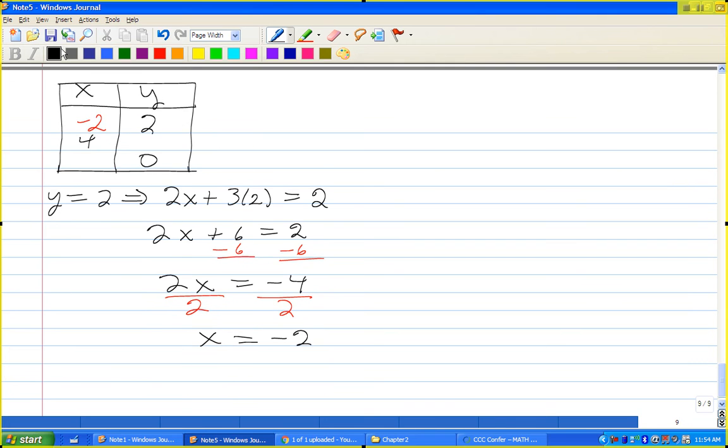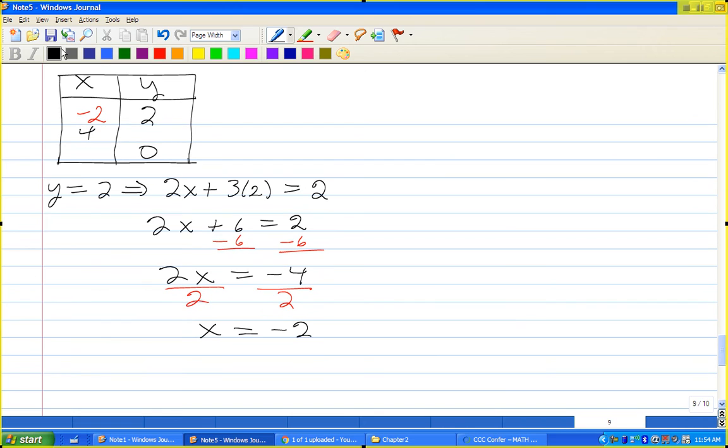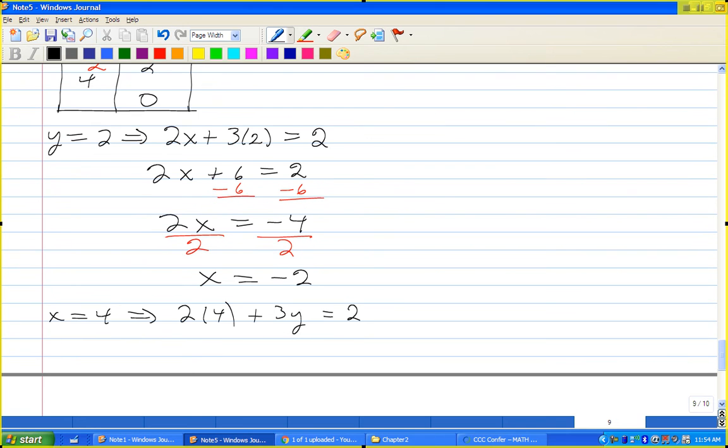Substitute x equaling 4. And so I have 2 times 4 plus 3y equals 2. 2 times 4 is 8.